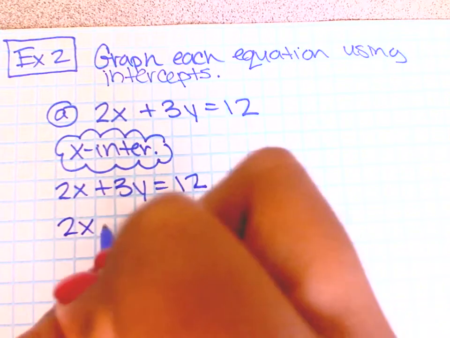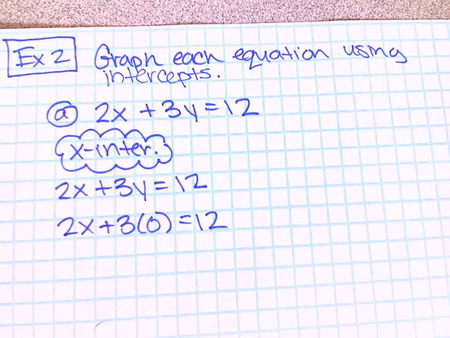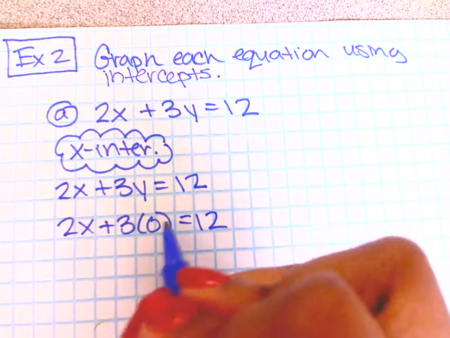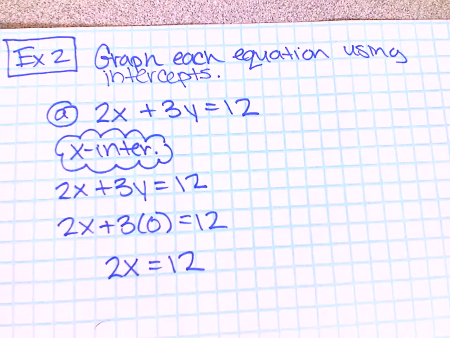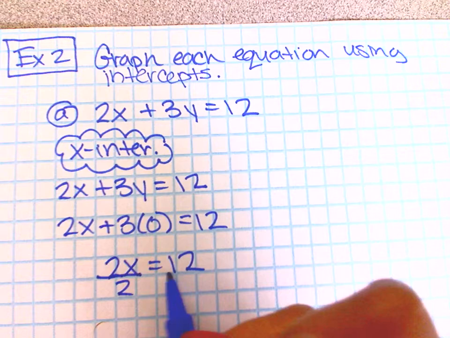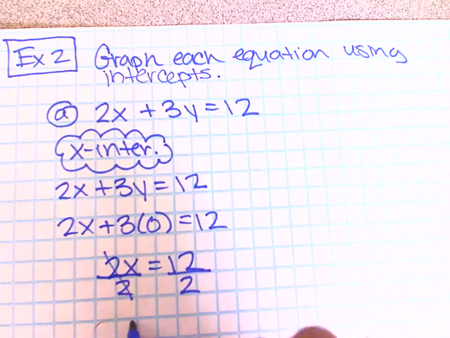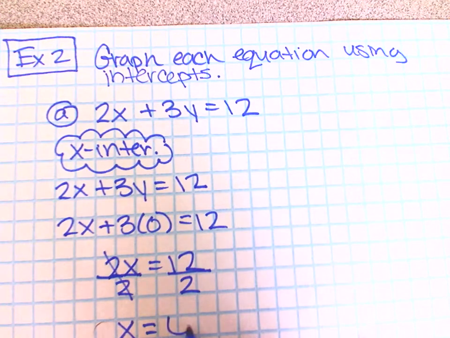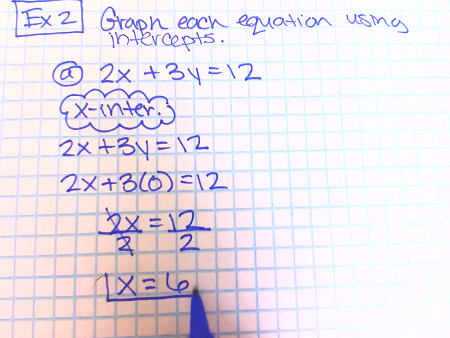So I have 2x plus 3 times 0 equals 12. Good job taking notes, guys. Awesome job. So then 3 times 0 is 0, so I'm left with 2x equals 12. To isolate the variable, get x by itself, I'm going to divide by 2 on both sides. My 2's cancel because that's like 2 over 2 being 1x, which is x. 12 divided by 2 is 6. So I found the x-intercept. Easy.